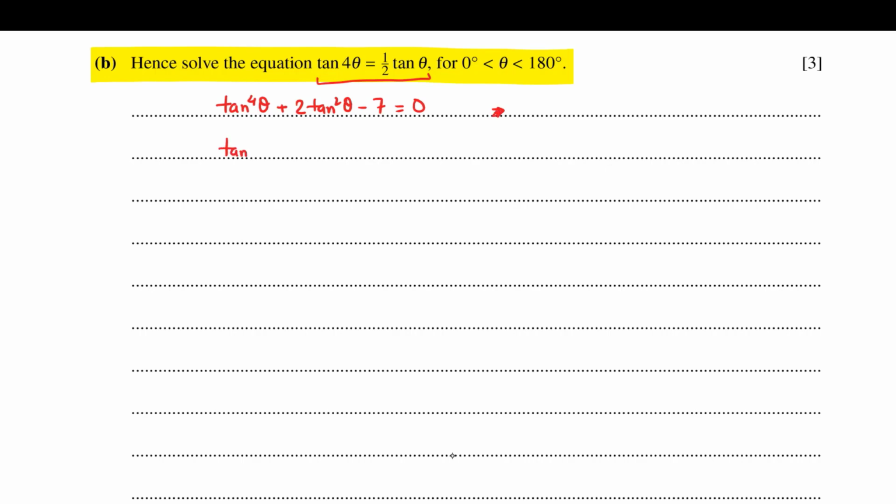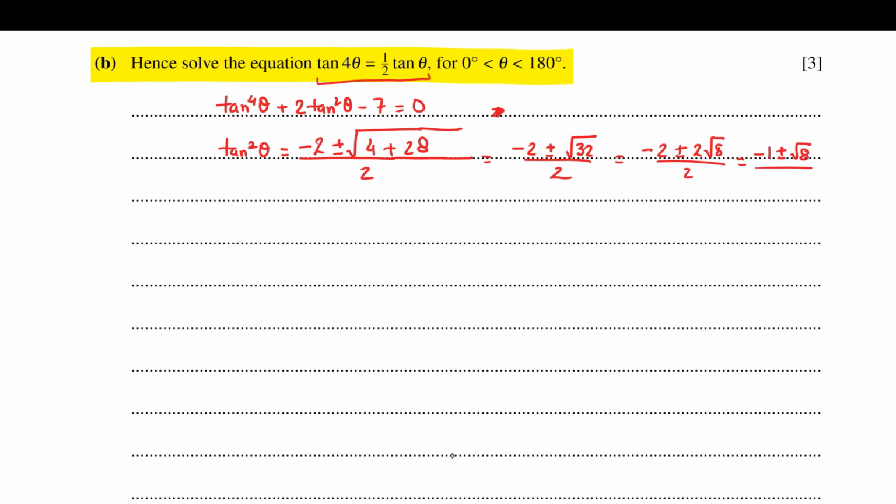Tan square theta is going to be minus b, in this case minus 2, plus minus square root of b square, that is 2 square, 4, minus 4ac, that is plus 7 into 4, 28, over 2. That becomes minus 2 plus minus root of 28 plus 4, 32, over 2. We can rewrite this as minus 2 plus minus 2 root 8, because 4 into 8 is 32, over 2. We can cancel this 2 and we are left with minus 1 plus minus root 8.